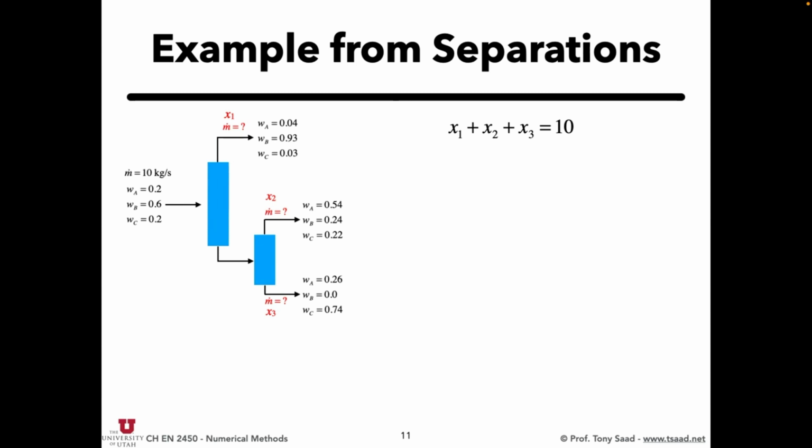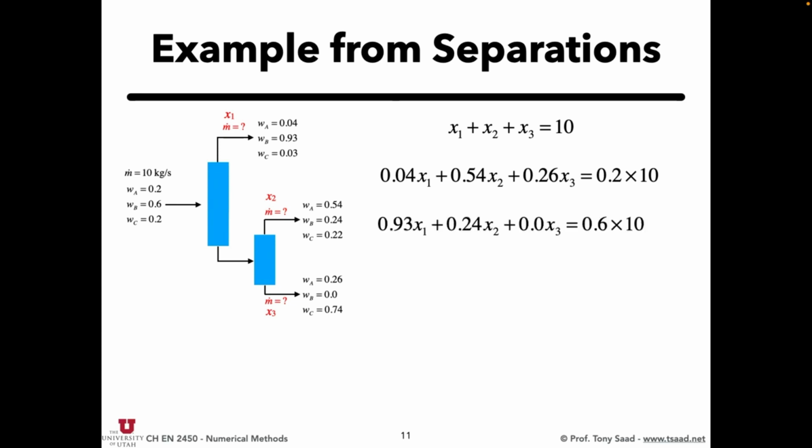So we apply the same thing. We pick compound A, for example. You get 0.04 x1, the flow rate at station 1, plus 0.54 times x2, the flow rate at station 2, plus 0.26 times x3, equal to 0.2 times 10. That's what's coming in for A. Same thing for B. You could have chosen C, but you will notice that when you create that set of equations, only 3 of them are unique.